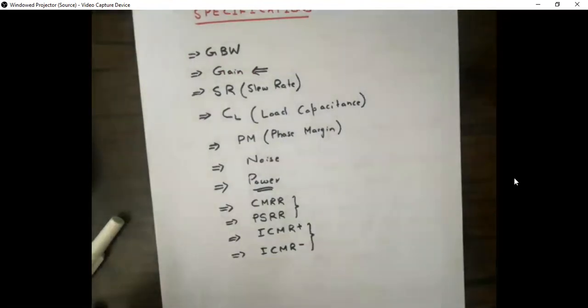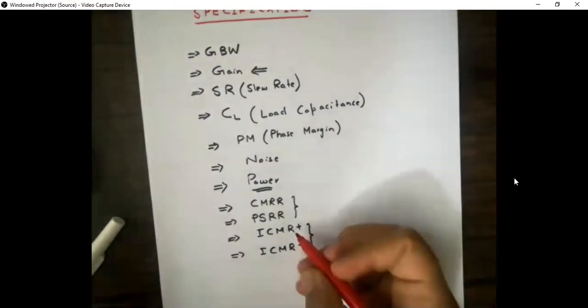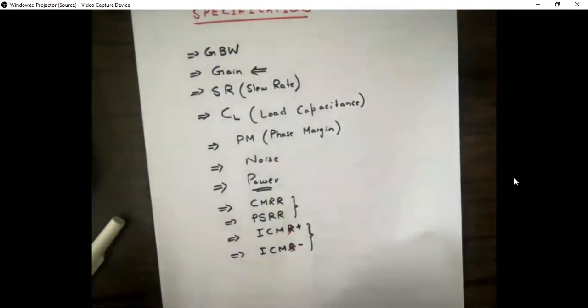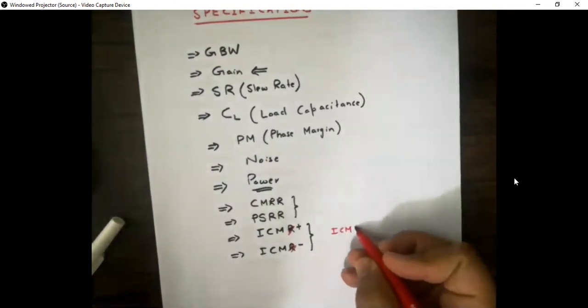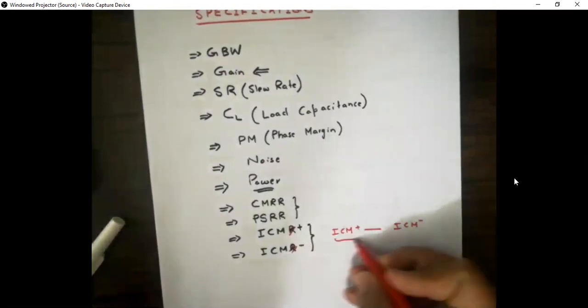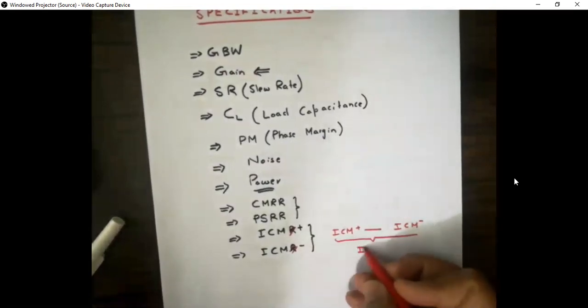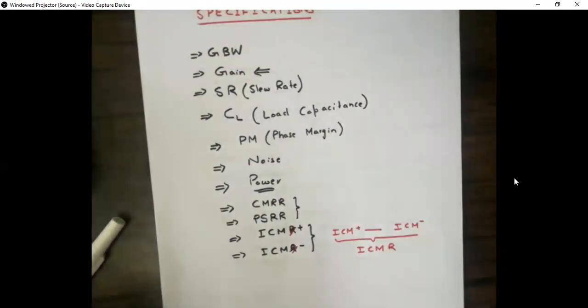It should be ICM positive and ICM negative, and the range is going to be from ICM negative to ICM positive. So this is my range. If I want to write ICMR, it should be something like this.